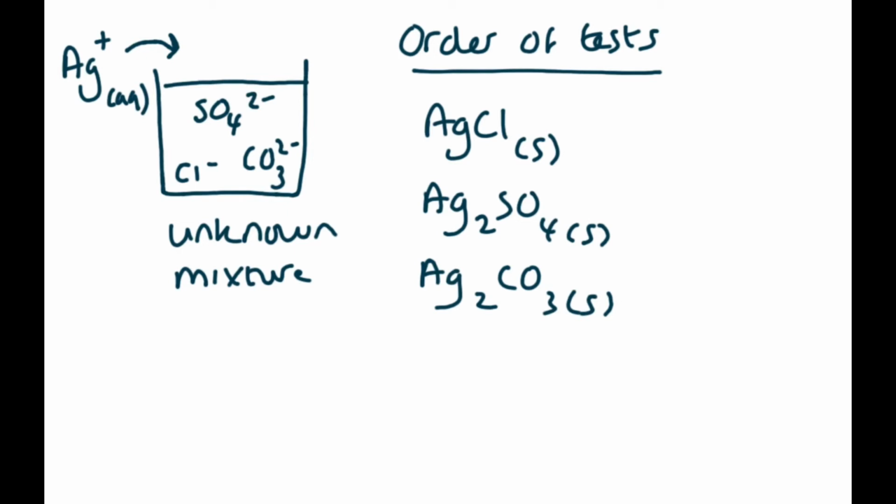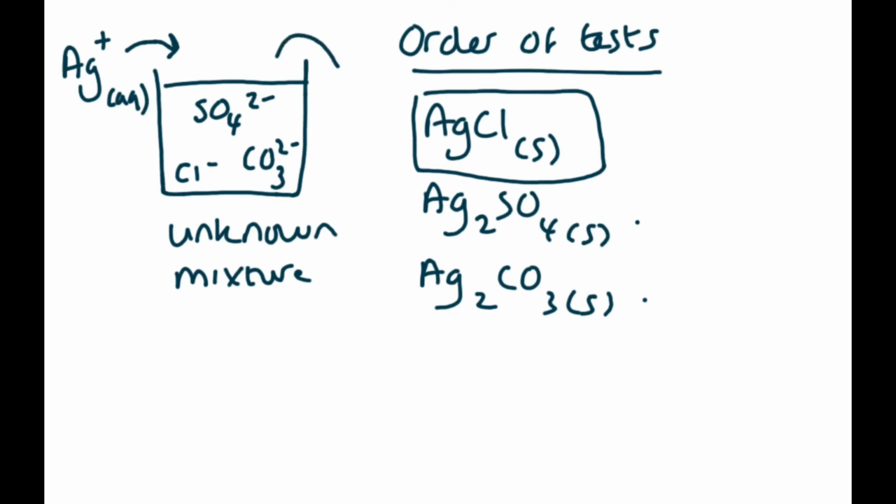So if we add silver ions and we're hoping to look for silver chloride, we might get very confused results, because we might actually see a precipitate of silver sulfate, or we might see a precipitate of silver carbonate. So we cannot add the silver ions first.